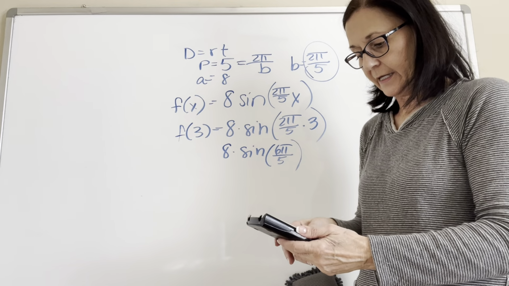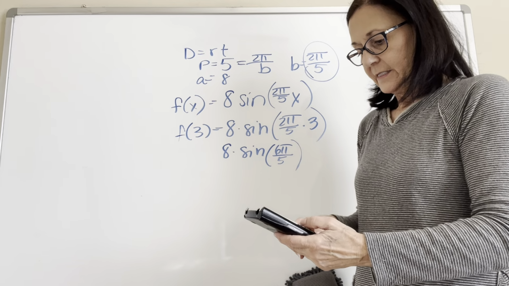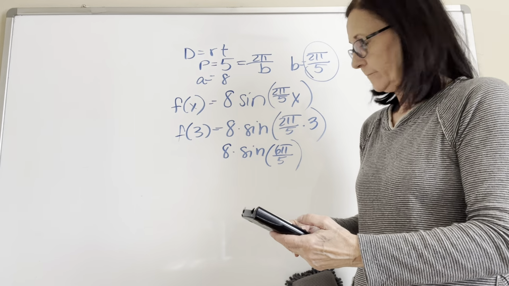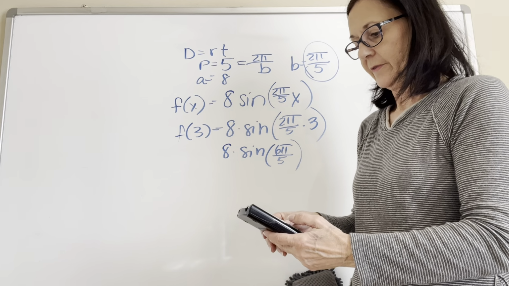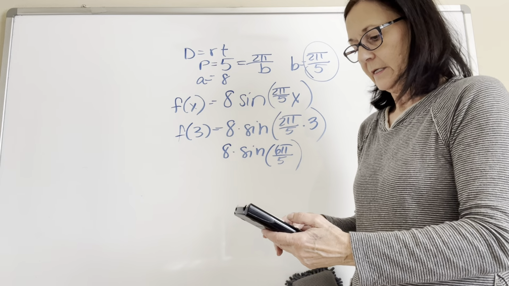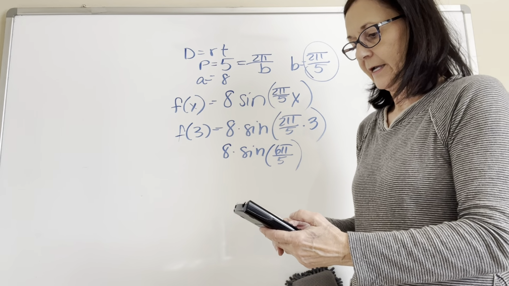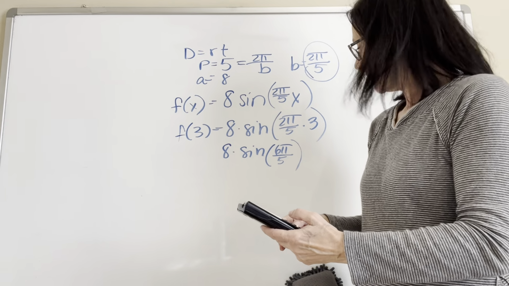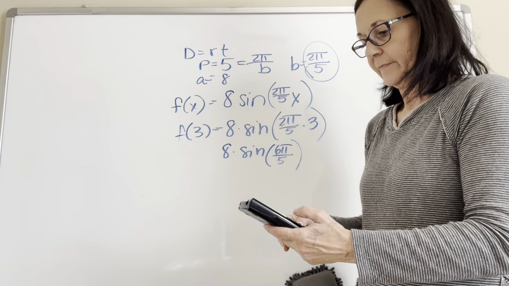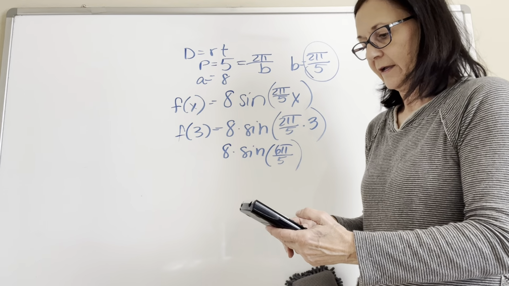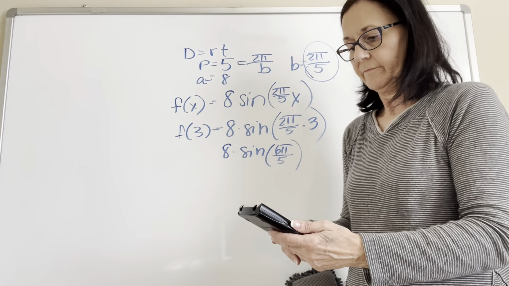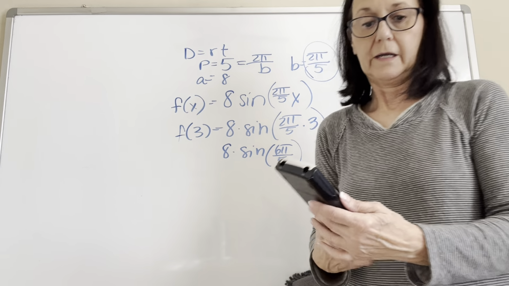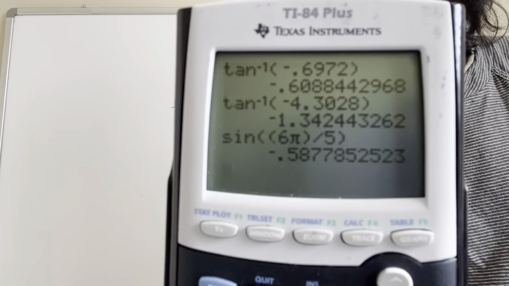So it's the sine of, I want to put that in parentheses, 6 pi divided by 5. Close. All right, so that's how I put it in my calculator.